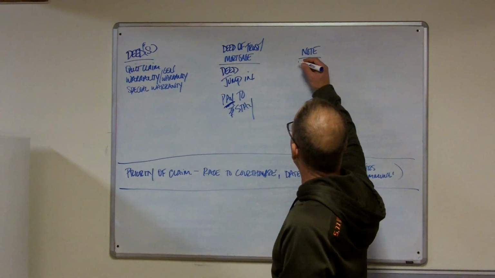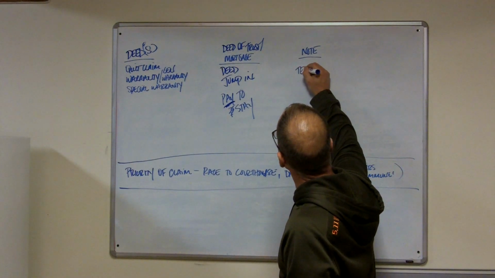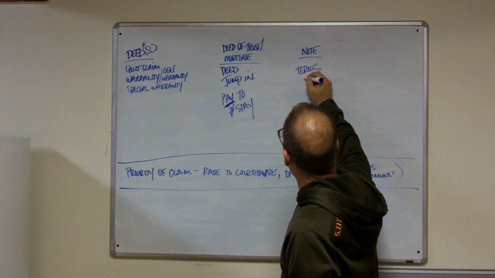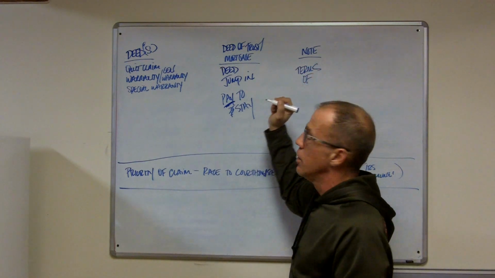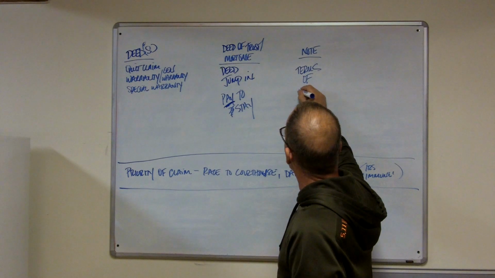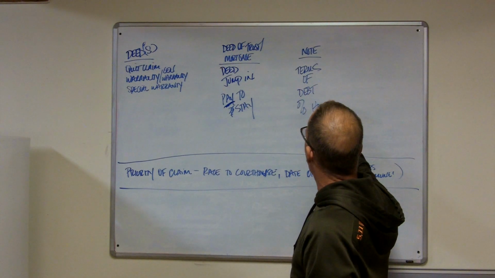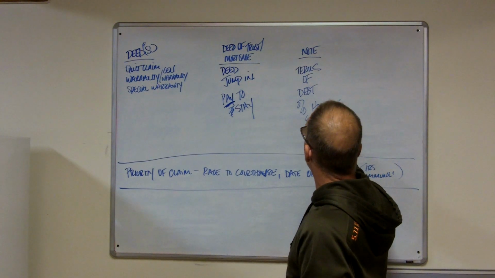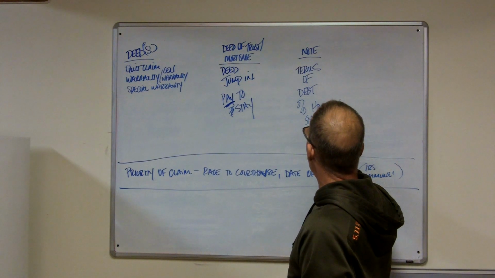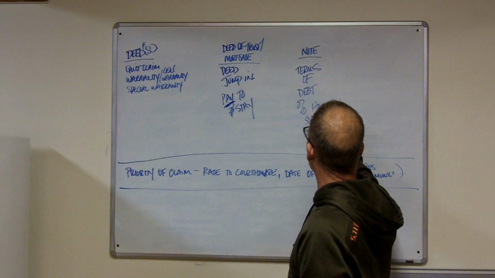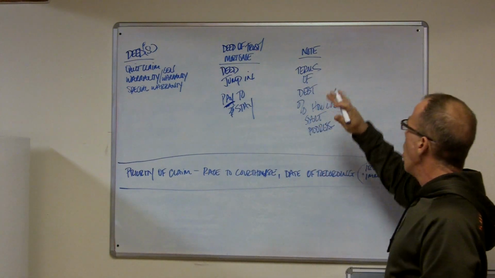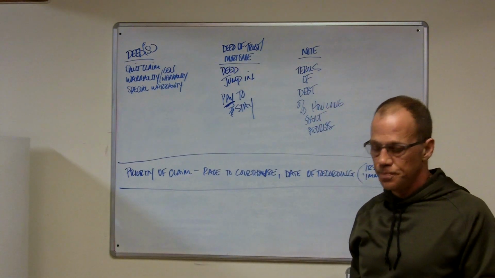Now the final thing is a note. What this is, and I'm oversimplifying, I know, so nobody jump on me for this, it is terms of debt. What percent are you paying? How long? When does it start? What's the address, or the legal description? All this information is in the note.